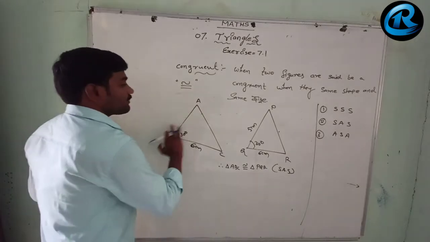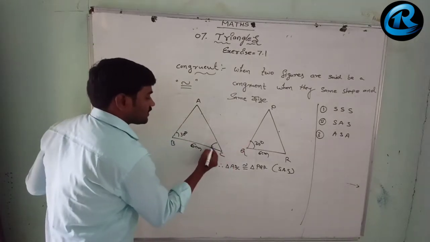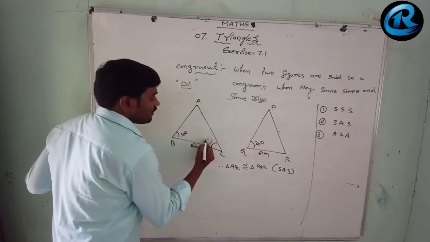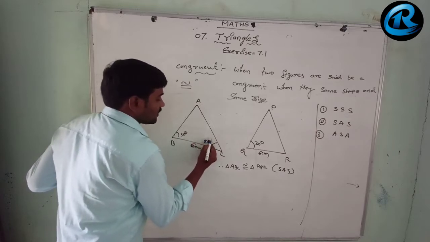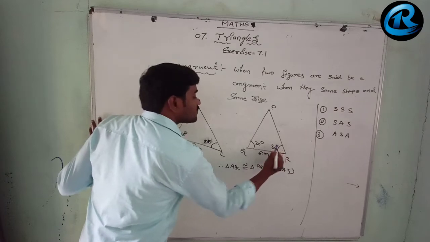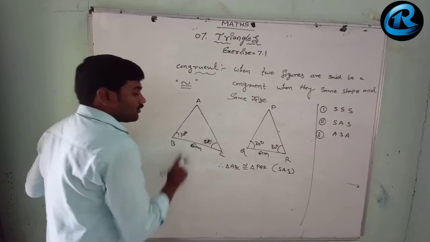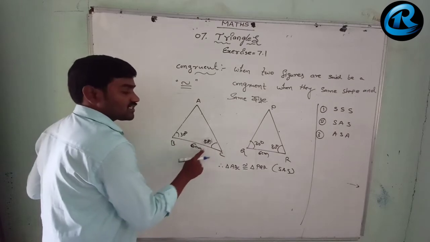So this side is here. Suppose it is 60 degrees, and suppose this is 80 degrees. So what happens? See, angle side angle: two angles and one included side.